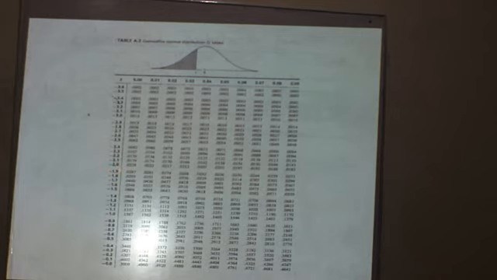Then you see that the digit that follows the 0.9 is 7.